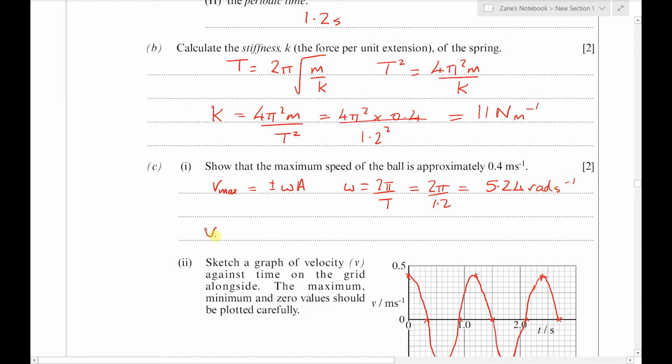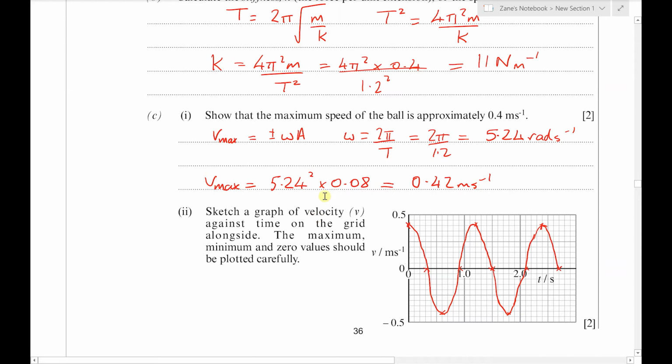So now we can calculate Vmax as plus or minus. We're not too worried about that because we're just interested in the speed rather than the direction. So we've got 5.24 times that amplitude of 0.08, which gives us an answer of 0.42 meters per second.